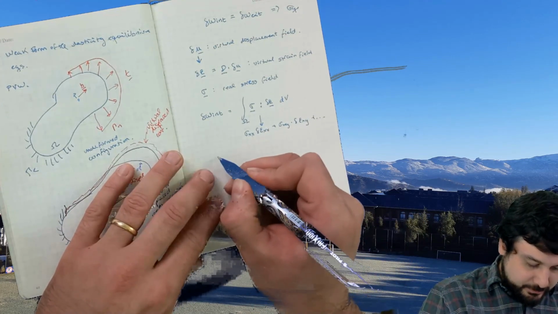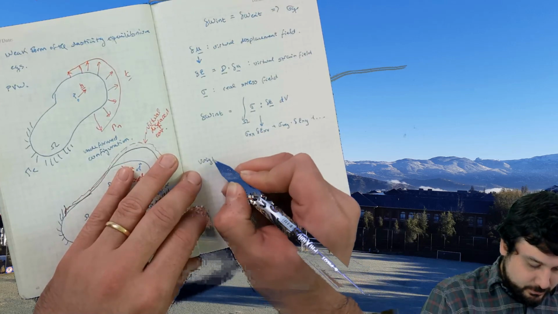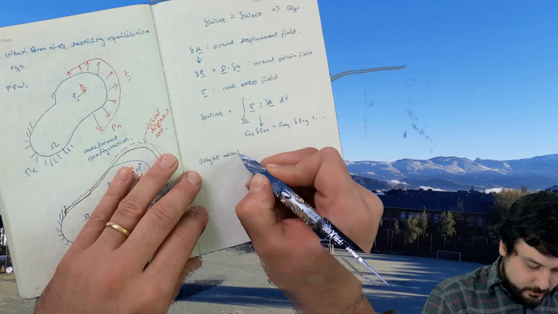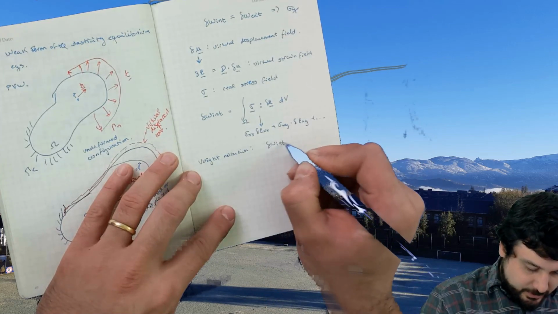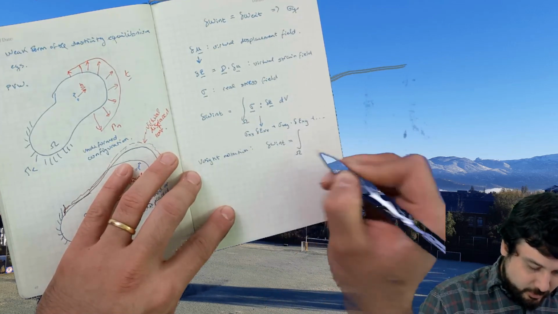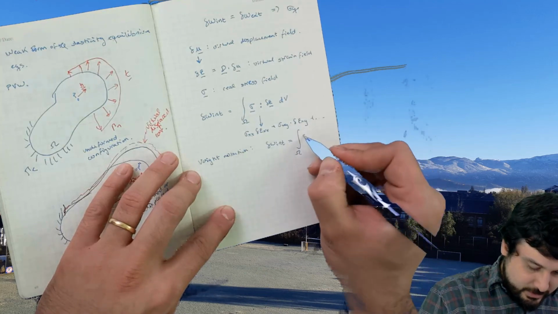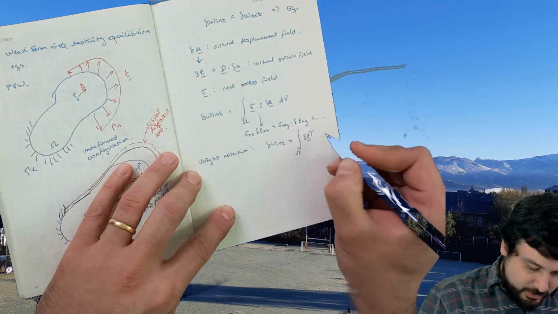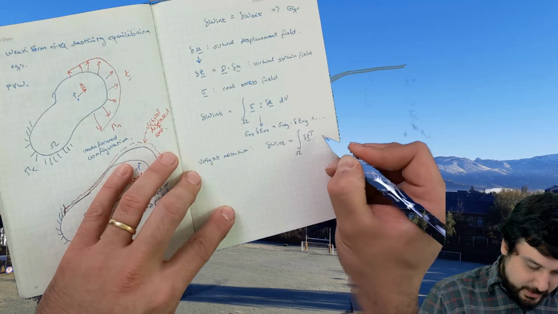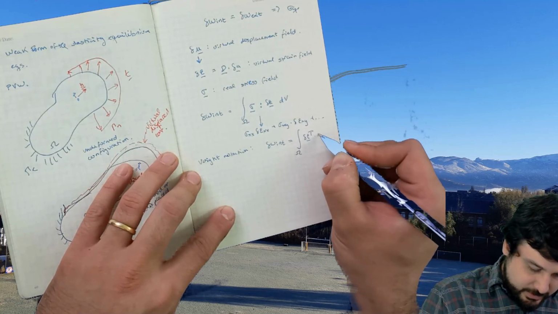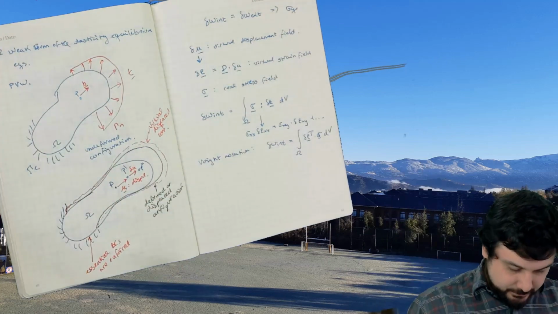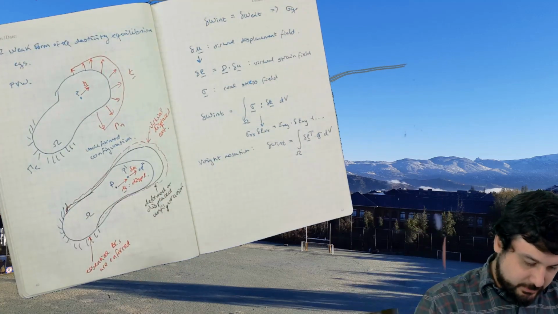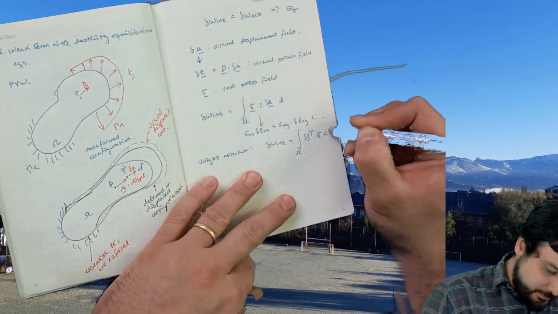In Voigt notation, you can write this as follows: integral over omega, delta epsilon transposed multiplied by the sigma vector, d omega. Actually, let's use omega here.